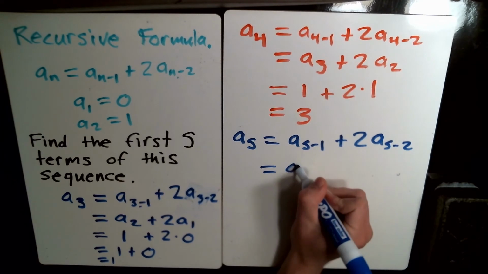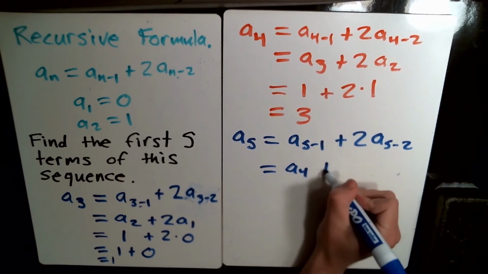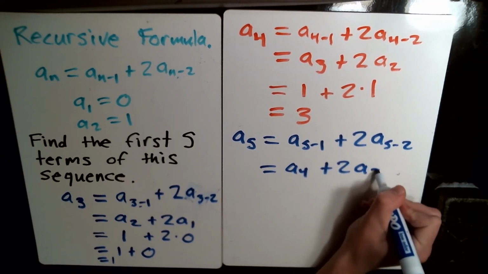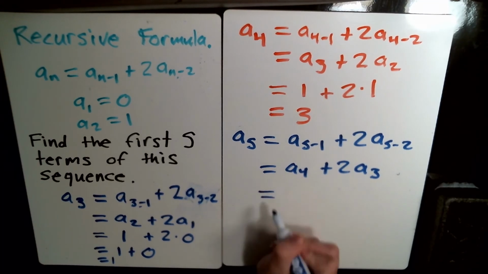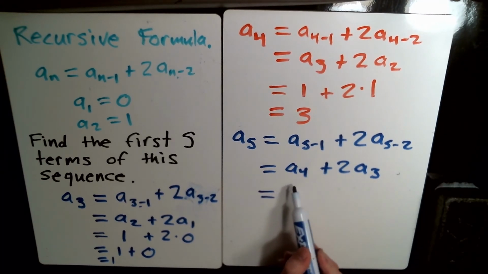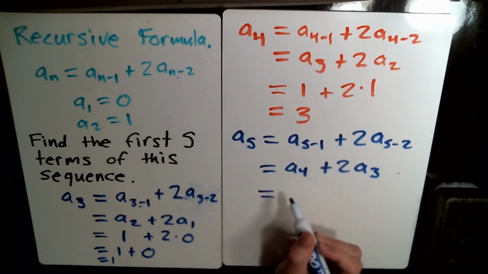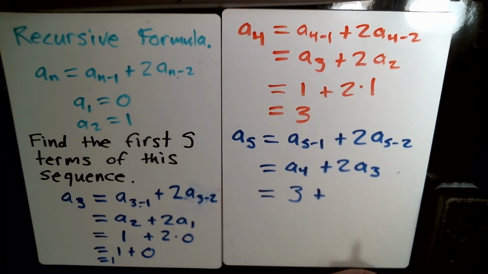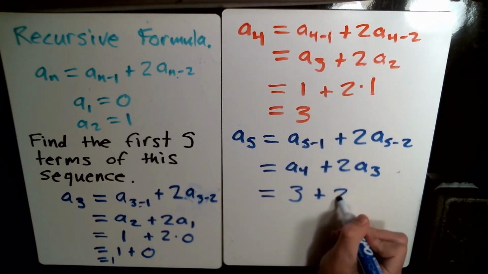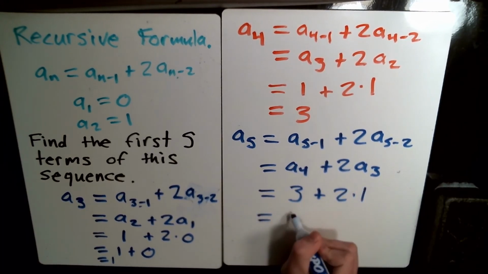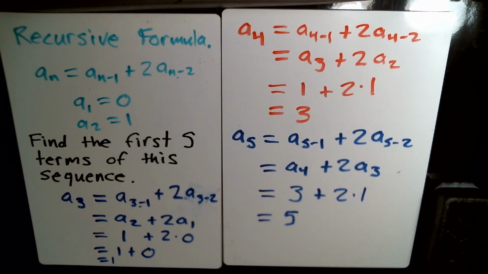So we've got a sub 4 plus 2 times a sub 3. We just figured out a sub 4 was 3, and a sub 3 was 1. So 3 plus 2 times 1 is 5.